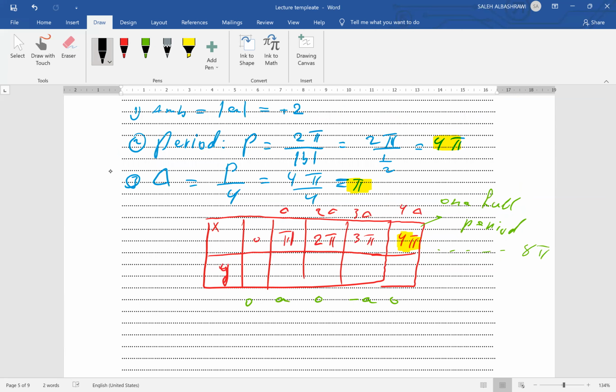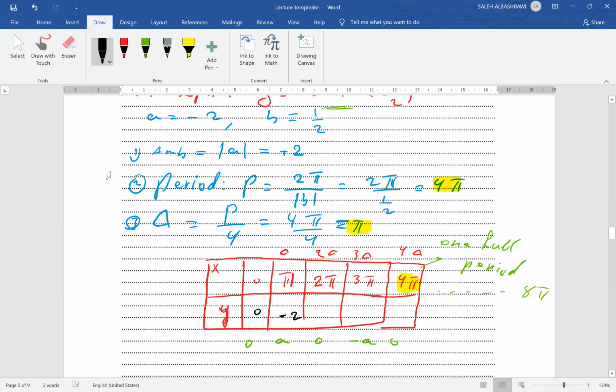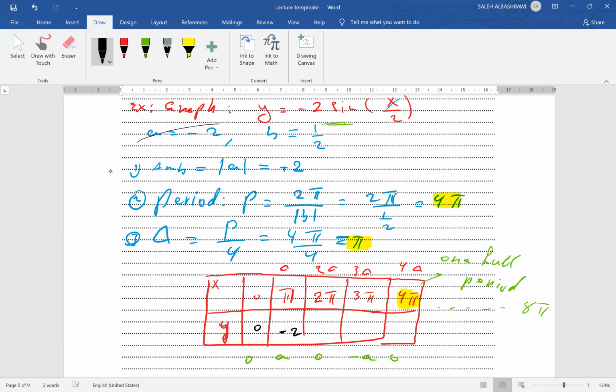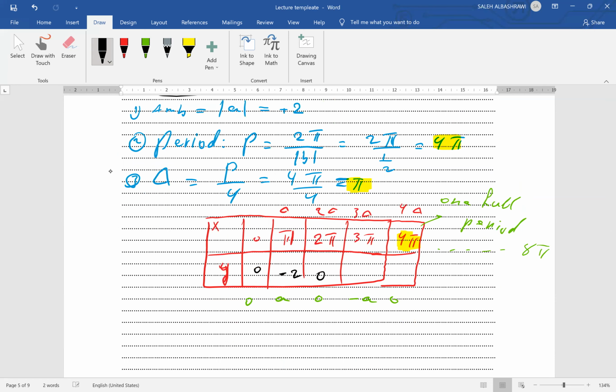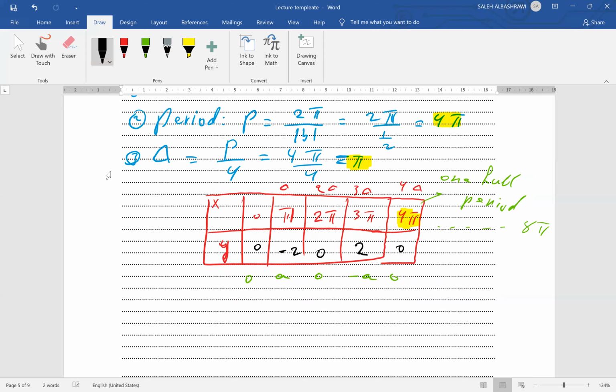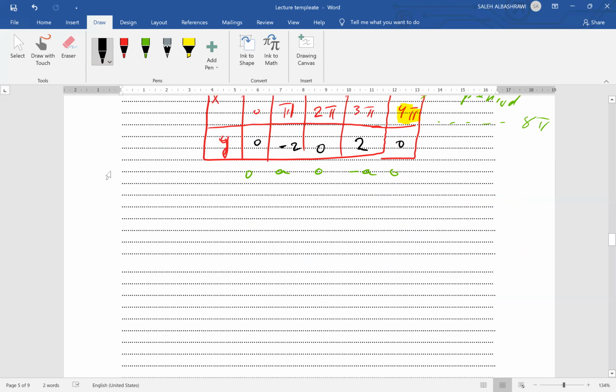If x equals pi, then it is a, and a is given to be minus 2. So a is minus 2. Then it is 0, and minus a, that will be 2, and 0 again. This will be the values for the y variable.